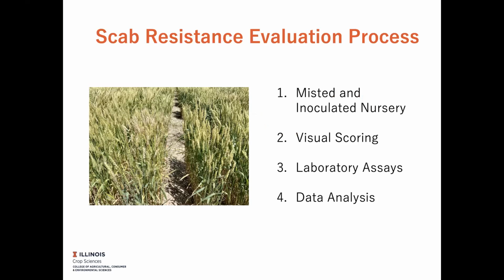Then we do some visual scoring on the plots, also harvest those plots and do some scoring and analysis on the grains. We send grain samples off for DON testing to determine how much vomitoxin is in the grain, and then take all that data and do data analysis, combining data also from not just the current year but previous years if it's available.